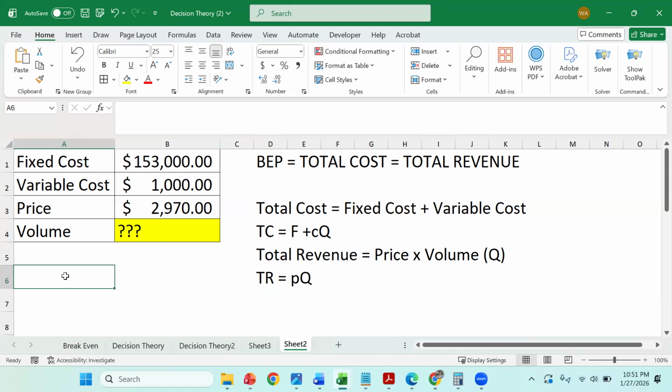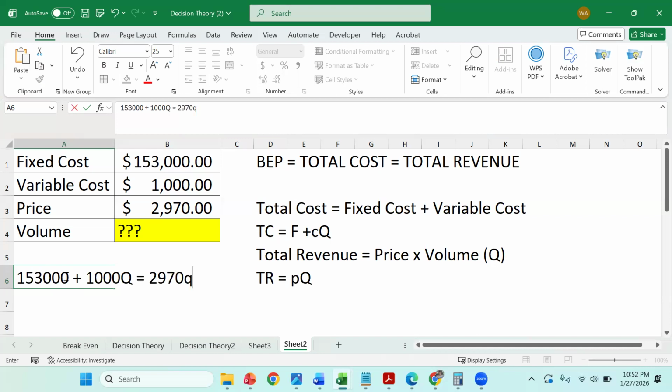With the algebraic approach, I'm going to say my total cost, which is a fixed cost of 153,123, plus my variable cost, which is $1,000 per patient, multiplied by the number of patients. I don't know how many patients there are going to be, so I'll just leave that as a Q. At break even, that should equal our total revenue. Our price here was 2,970 multiplied by the volume, which we don't know, so I'll just leave it as a Q.